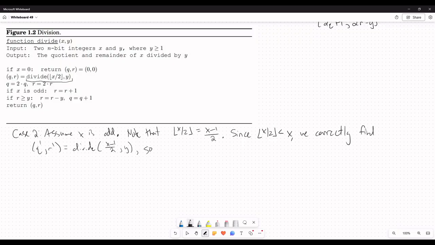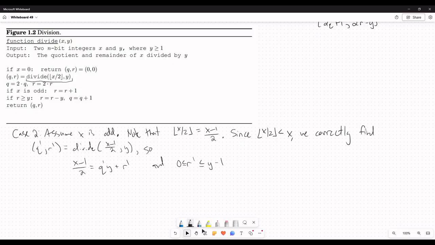So that tells us that x minus 1 over 2 equals q prime y plus r prime, and 0 is less than or equal to r prime is less than or equal to y minus 1.